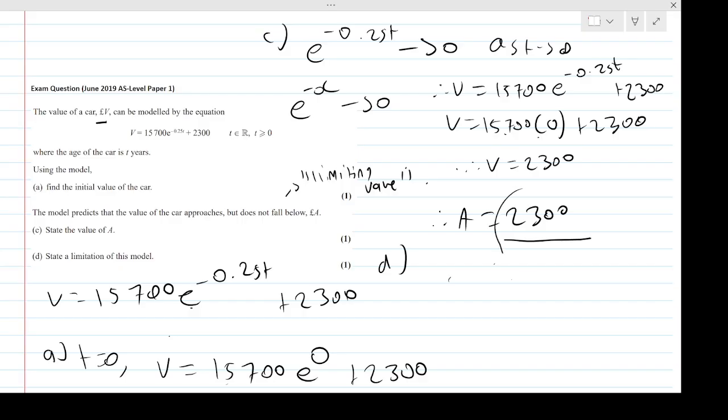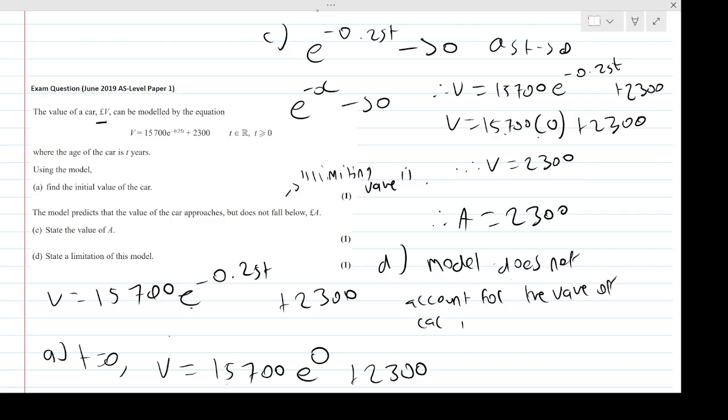So it's not going to be this much. Alternatively, maybe you could say it becomes vintage, and it would shoot back up. It might go down initially as the car ages, but become so vintage that it then shoots back up in value. So you could say many things. You could say the model does not account for the value of the car increasing as it becomes vintage.